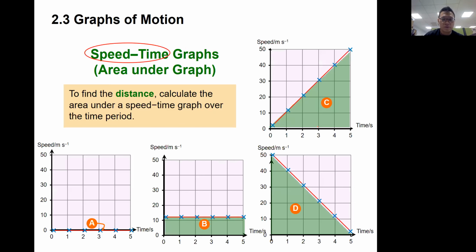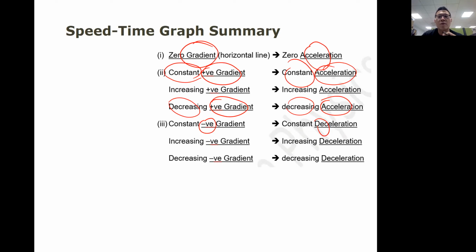Before we move on, we will do a brief stop here. If you are not sure how to describe the graph, go back maybe 20 seconds and look at how I describe the graph. The primary main thing that you're looking at is the gradient.